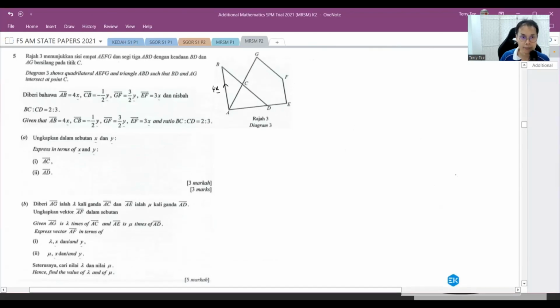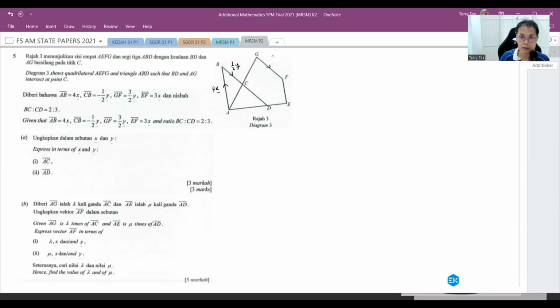CB is negative half y. Now, CB means I'm going up is negative half y. I think we can actually make it positive by switching the sign. So if CB is negative half y, BC is positive half y. And GF is now 3 over 2y.